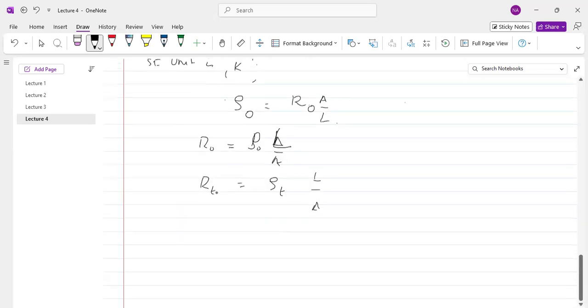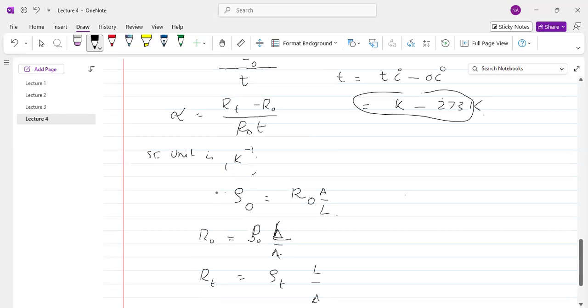Putting value in the above relation, let me number the above relation. For example, let me say it's 1.